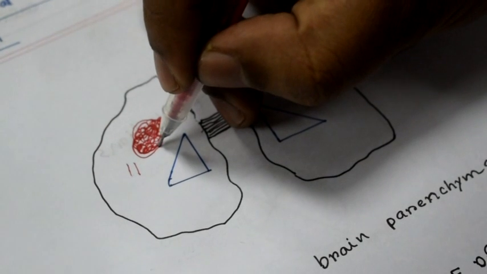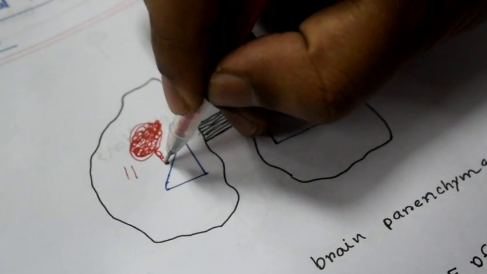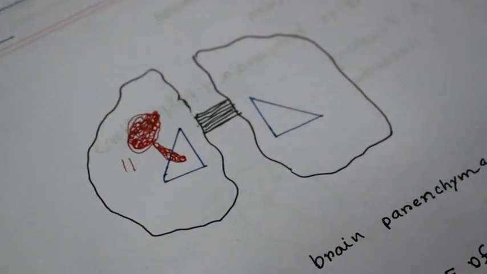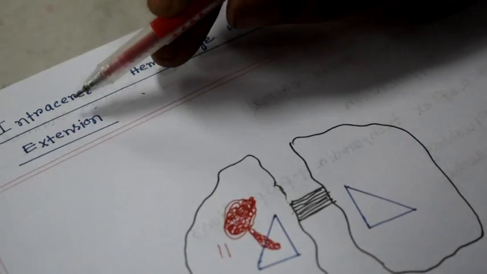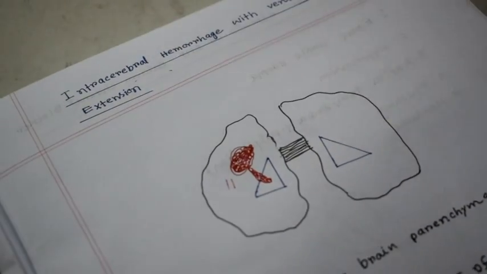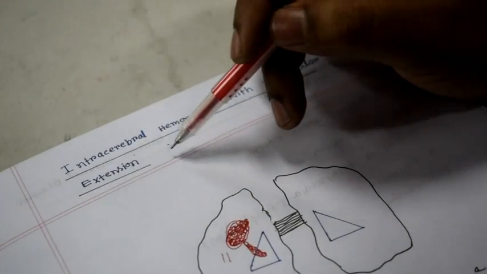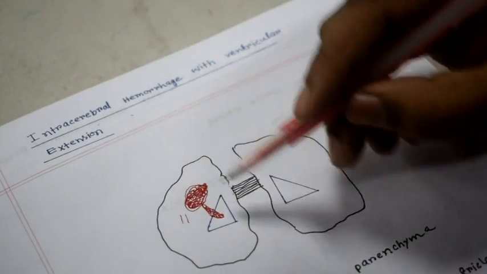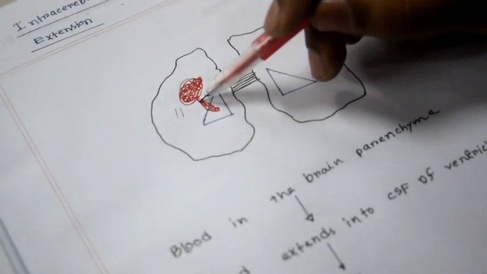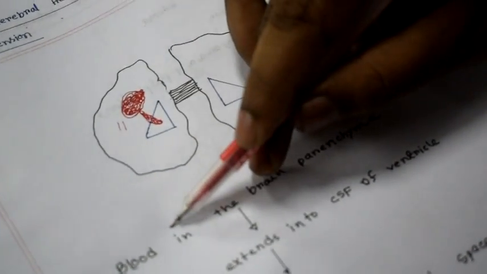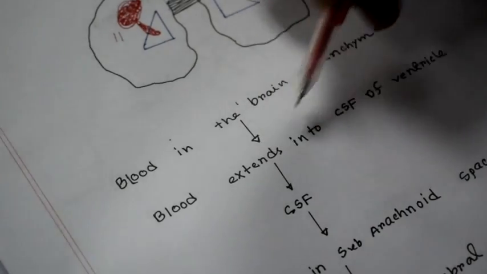If this intracerebral hemorrhage extends into the ventricular system, this condition is called intracerebral hemorrhage with ventricular extension, and I swear that you will find this condition a lot in your clinical practice in emergency. So when this intracerebral hematoma extends into the ventricle, we can say that blood in the brain parenchyma extends into the ventricle.